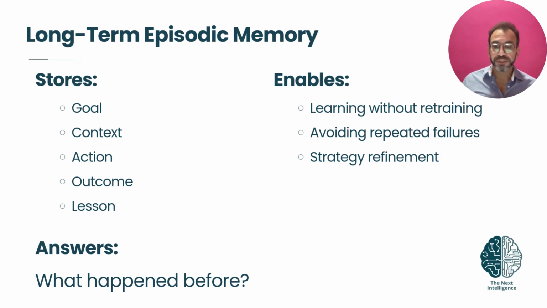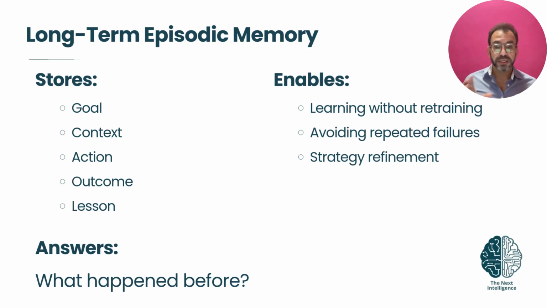The episodic memory answers the question, what happened to me before? So the agent is remembering what happened in its past experiences. In generative agent research, this looks like memory streams and reflections, unlike in reinforcement learning, where this looks like experience replay.